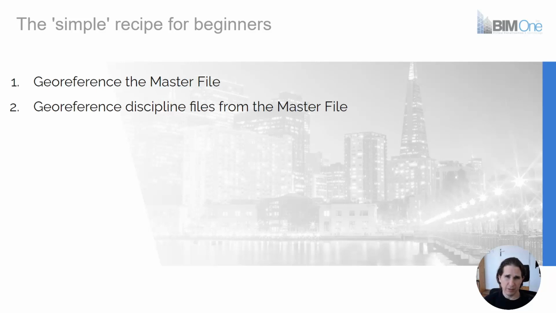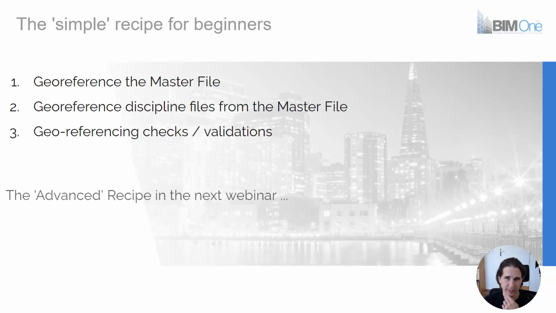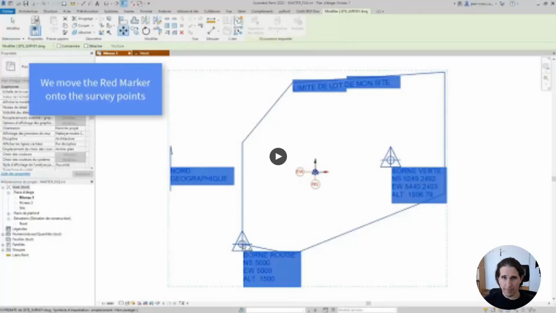And then finally, we'll make checks and validations of what we did before by linking all these files into the master file. The advanced recipe will be developed in the next webinar. So the first step was to georeference the master file, so we'll get to it.